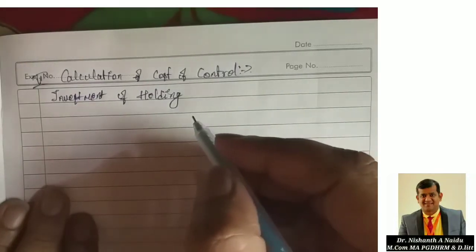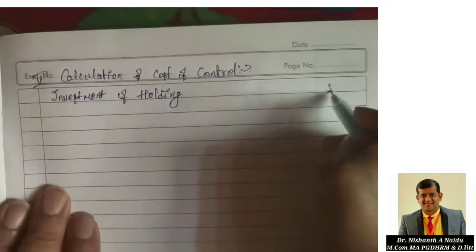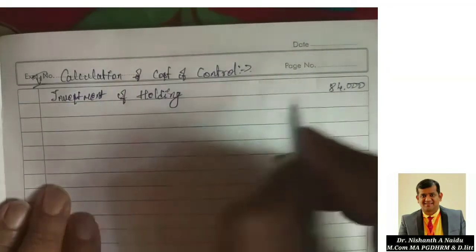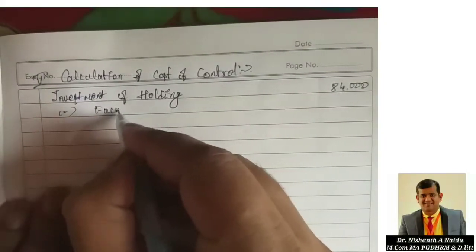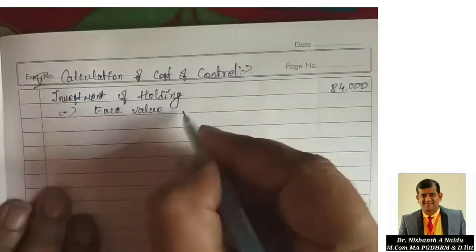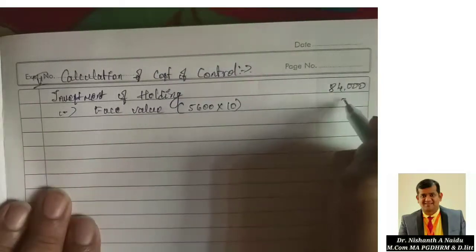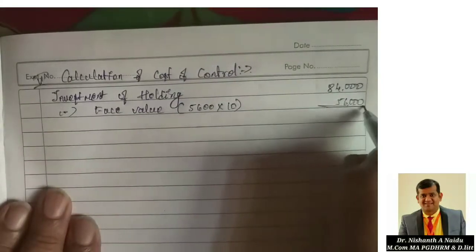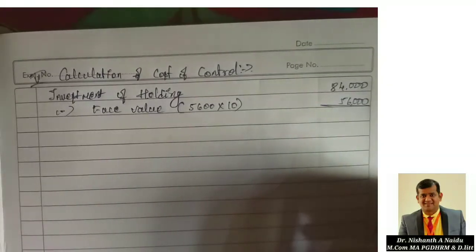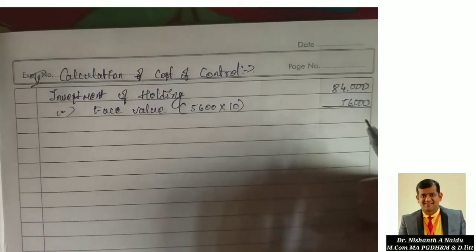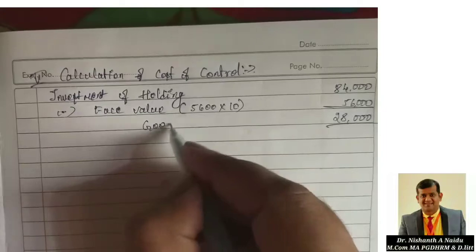So they have given it as 84,000 rupees, correct? 84,000. So take that 84,000. Okay. So then less face value. What is the number of shares held by the holding company? 5,600 into 10. So that is 56,000. So deduct that. 84,000 minus 56,000. So the balance is 28,000 we get, that we consider as goodwill.